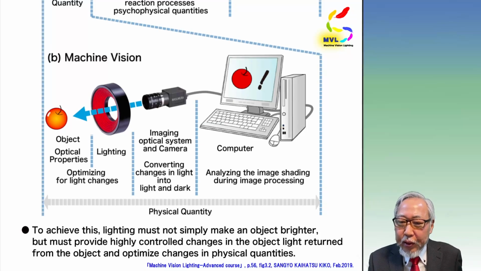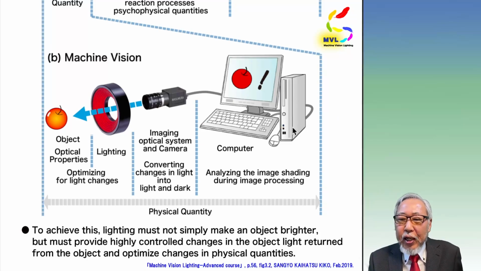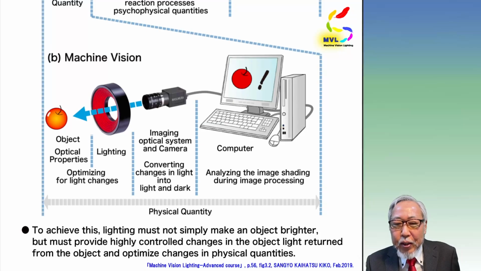when the apple is photographed, it is necessary to capture an image that is sufficient for the system to recognize it as an apple. Moreover, at the time the image is captured, it is already decided that the computer will recognize it as an apple. In other words, the type of light to be irradiated determines the object light, which is determined by the optical properties of the object.